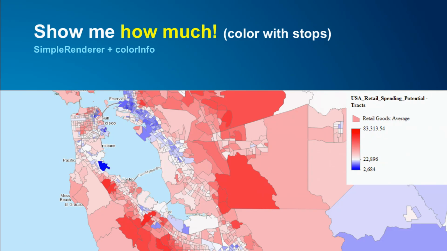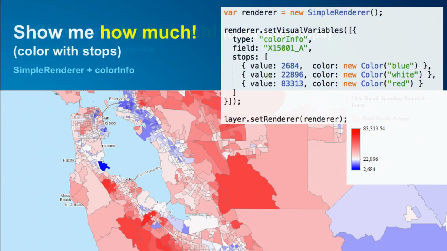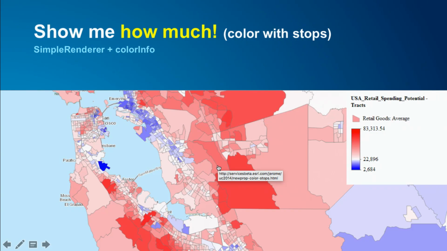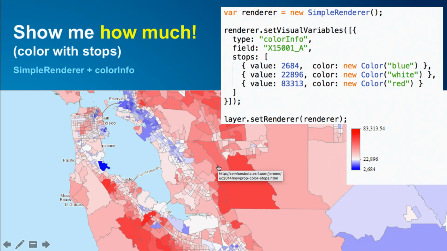And the stops can not just be like the start and stop, but you can also set a stop which changes the color completely. So like in this example, which shows average retail spending. I think the average for this data set is 22,000.